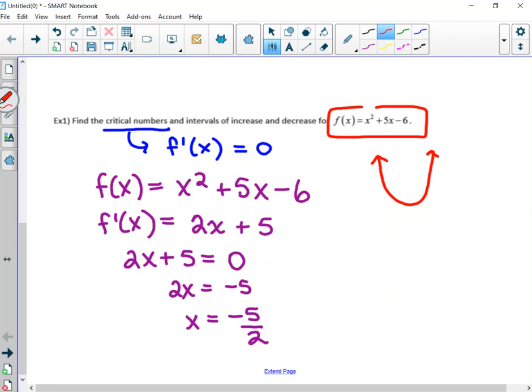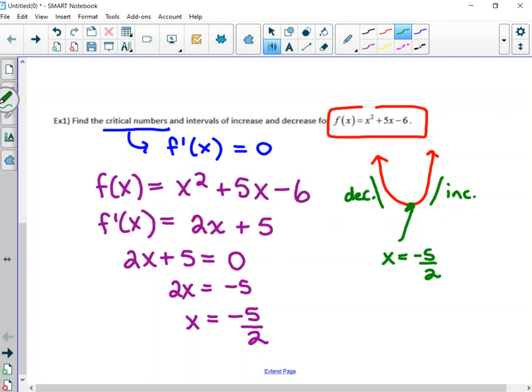It's got that positive leading coefficient. And here's what I know. This place right here where it goes from this side being decreasing to this side being increasing, that happens at x equals negative 5 over 2. That point right there is the point where x equals negative 5 over 2.